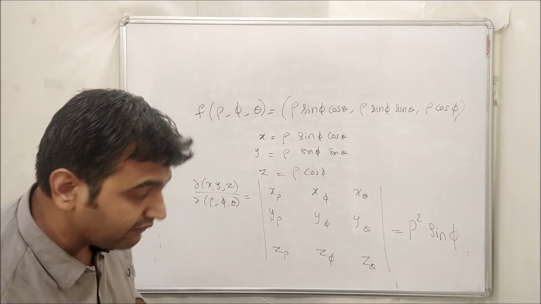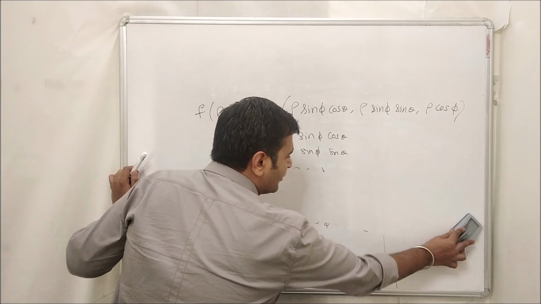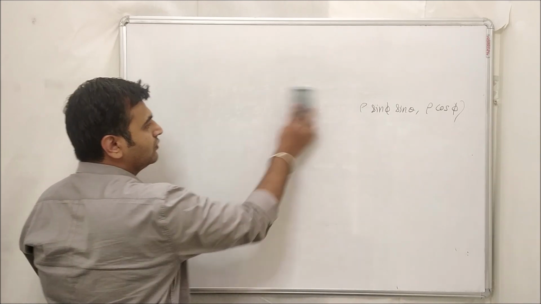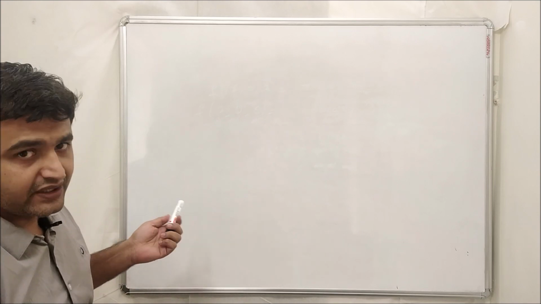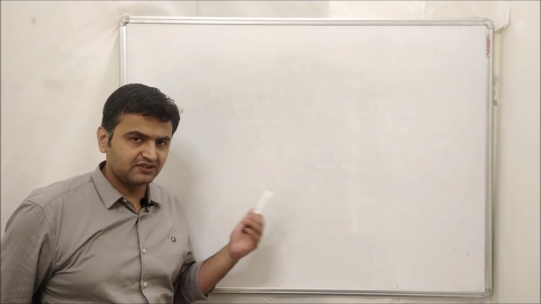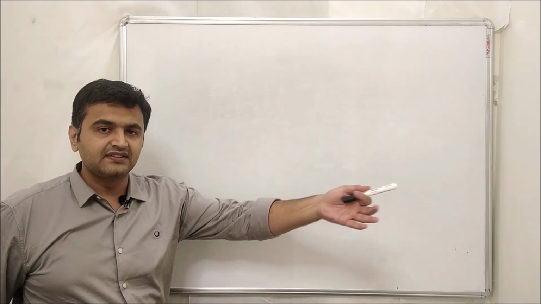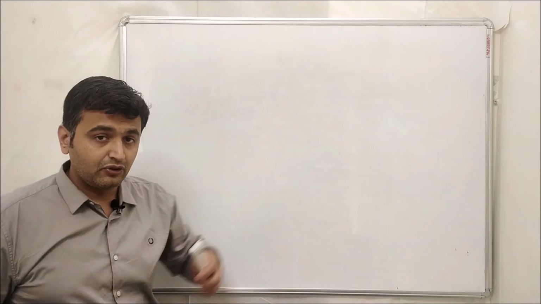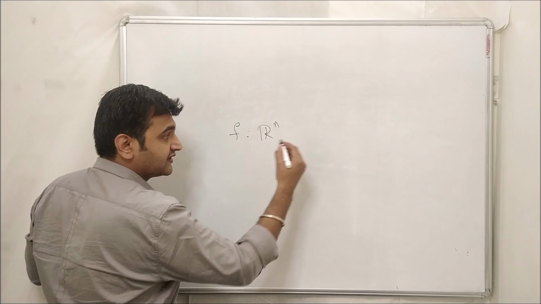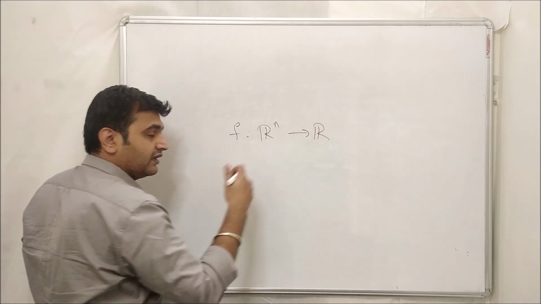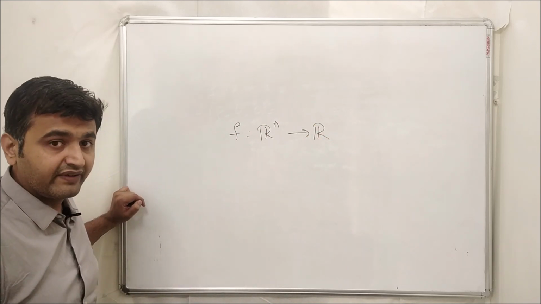One last thing I want to add, a kind of homework question I would like to give you. I told you at the start that this is for vector valued functions. Actually, it's not the case. It's a generalization from scalar valued functions. So if you have a function from Rn to R, here is the question. Then you can also find the Jacobian. It will be a vector.